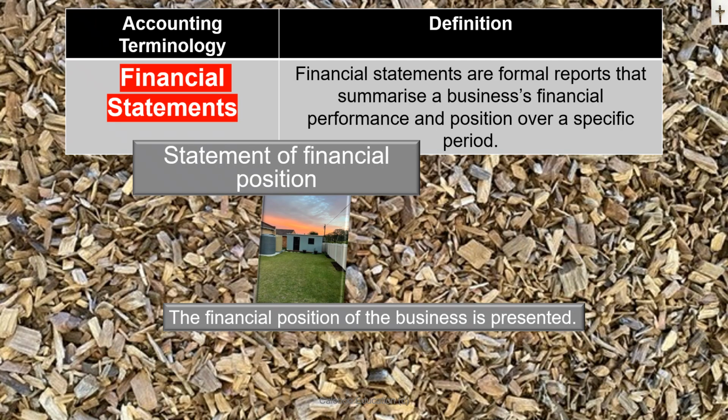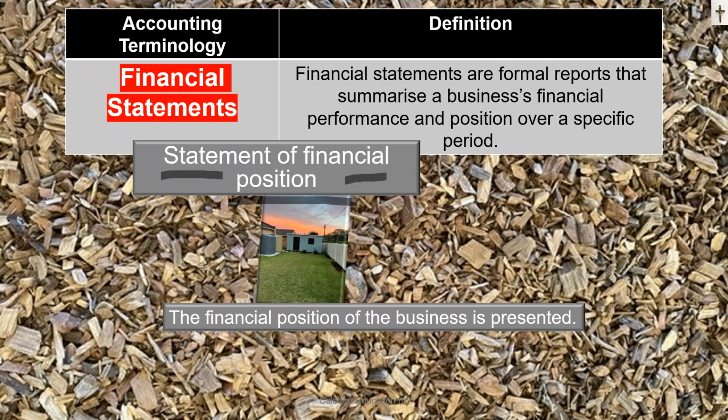Right, then we have a statement of financial position. After the income statement is drawn up, we then draw up a statement of financial position. When are these statements drawn up? They're drawn up at the end of the financial year, so after 12 months. The owner wants to see if the business has made a profit for the 12 months.